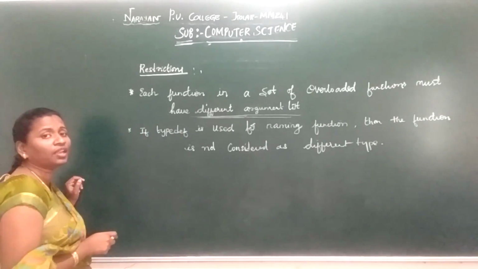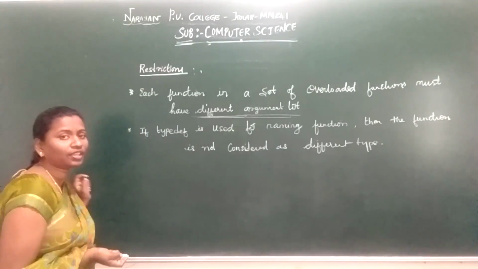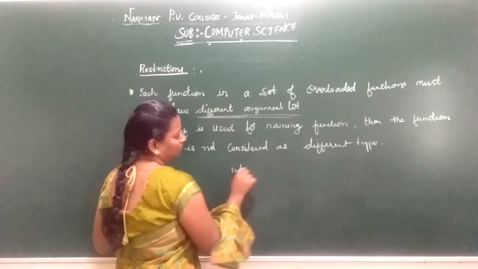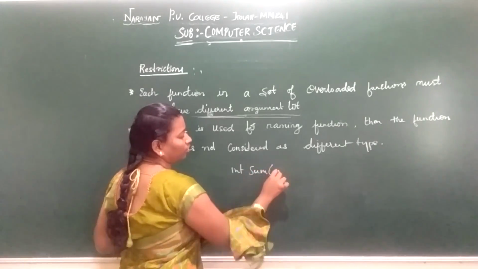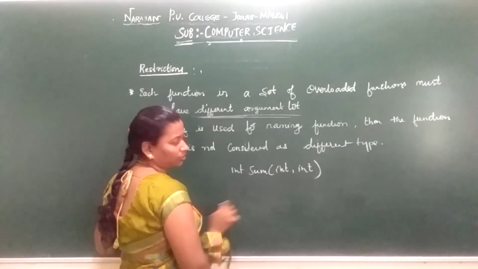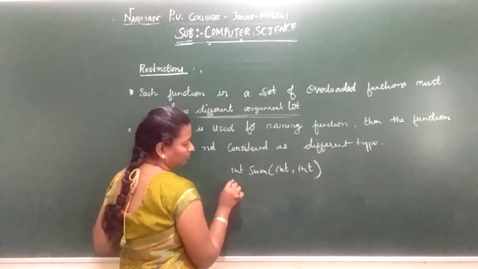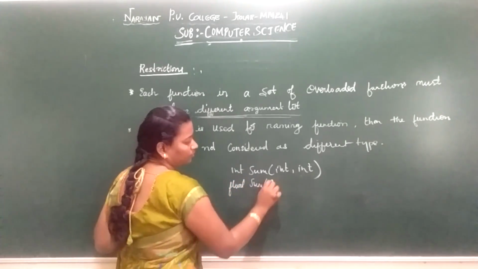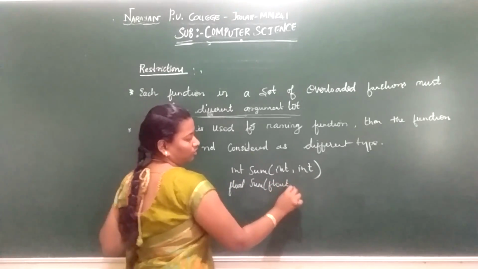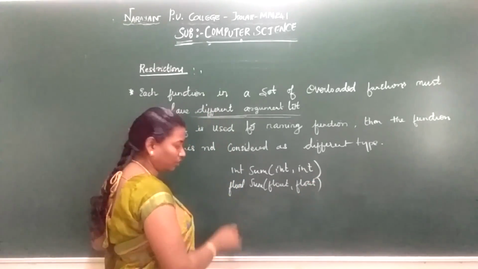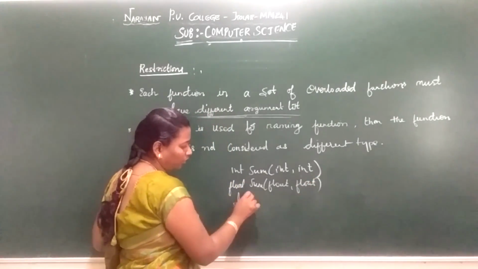If you don't give a different argument list, for example, I have int sum taking two arguments, both of integer type. Next I have float sum, where I want to add floating point values.